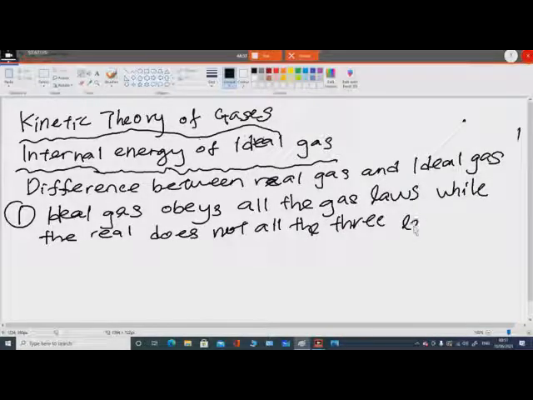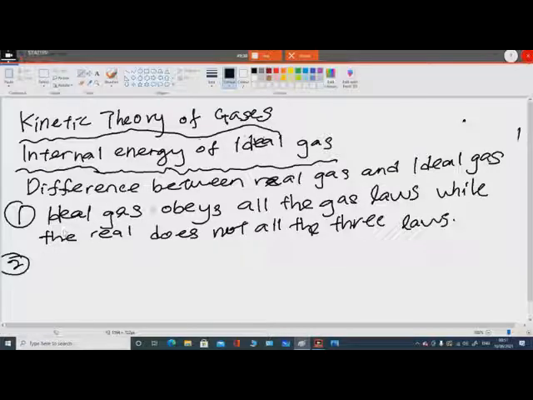Sometimes they obey one of these 3 laws, or two of the 3 laws, but not all 3 laws completely. So that's why the real gas always deviates from the ideal gas. Let's move on to the second difference.